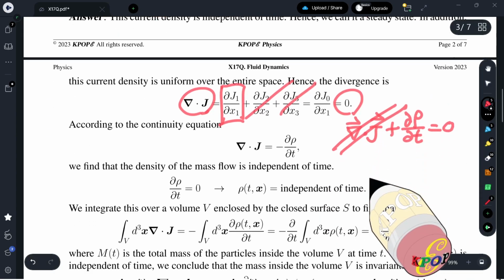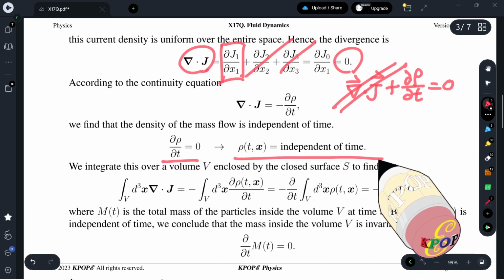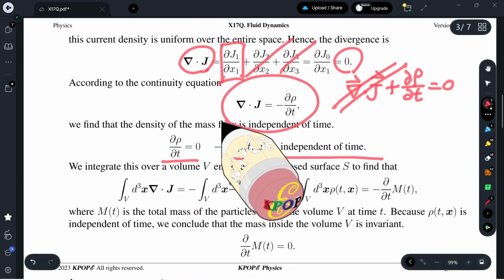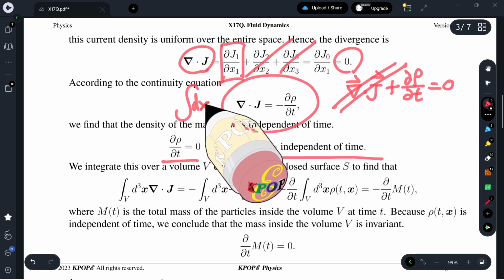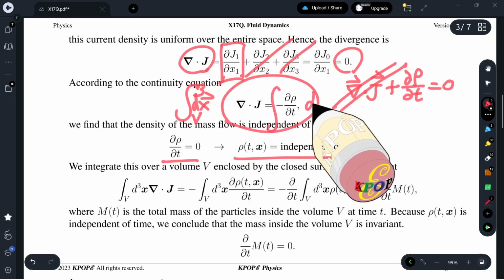So it is independent of time. Rho is independent of time. Still, it may have an x dependence, a position dependence. We integrate over the volume, and here we put this integral over the volume.